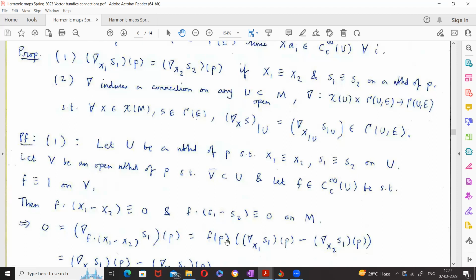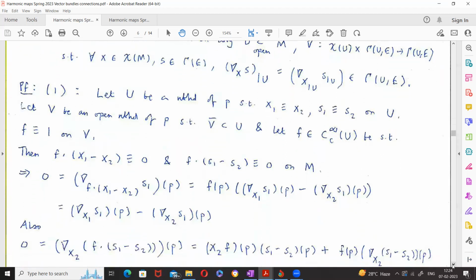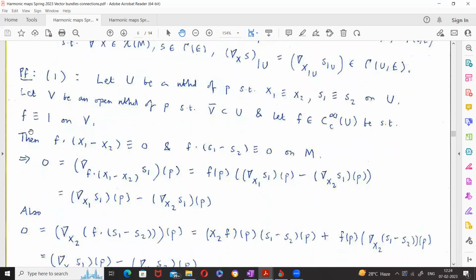This will become F at P times nabla X1 S1 minus nabla X2 S1 at P, since it's linear in the vector field. And F at P is 1, since F is 1 in this neighborhood V of P. So this will become just nabla X1 S1 at P minus nabla X2 S1 at P. This difference is 0, which means that these two are equal.